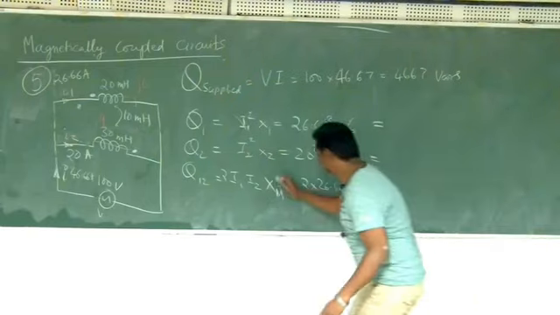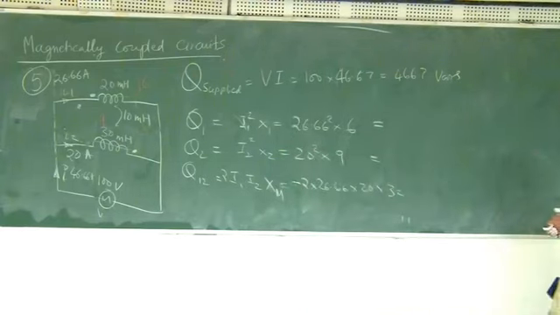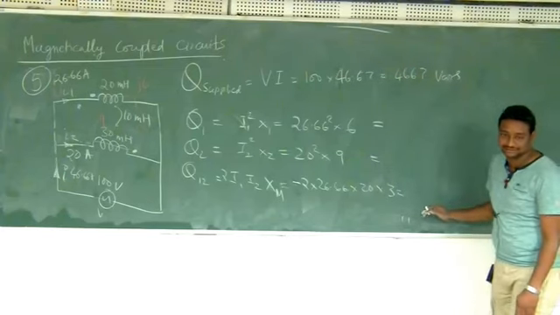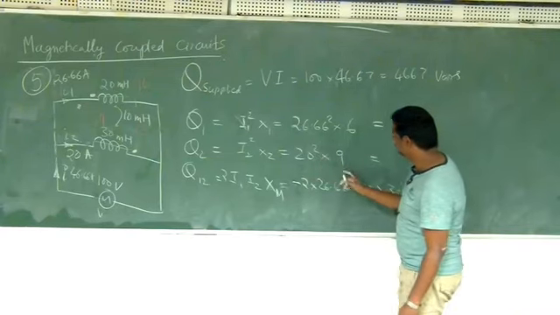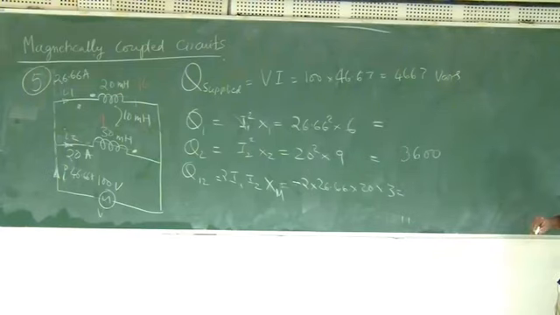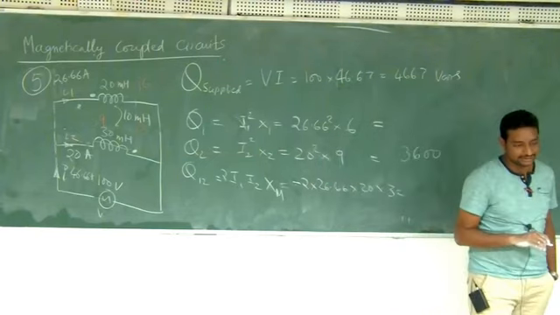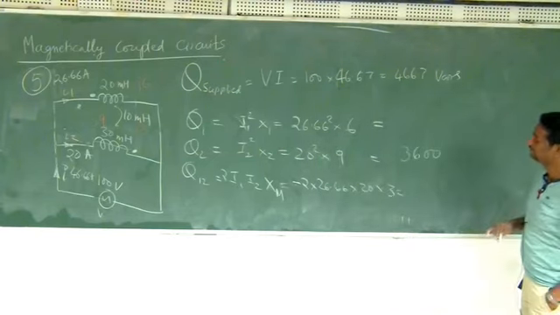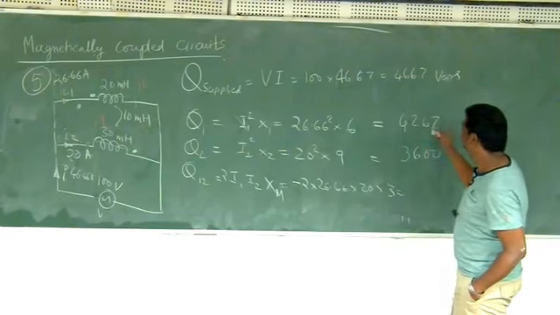Of course, yes, it will be minus, because of the way it is connected. So this should be more than 4667, and then this should compensate it. So how much is this? 400 into 9, 3600. Now 26.67 square: 25 square is 625, so I am guessing 26.67 square will be something like 4267.